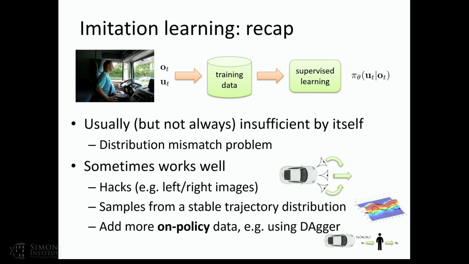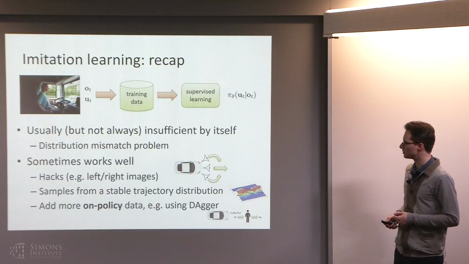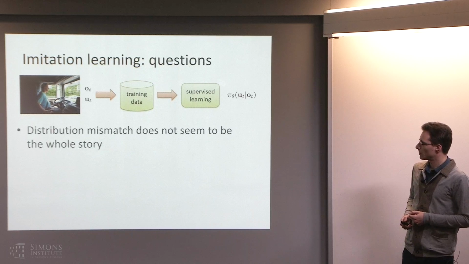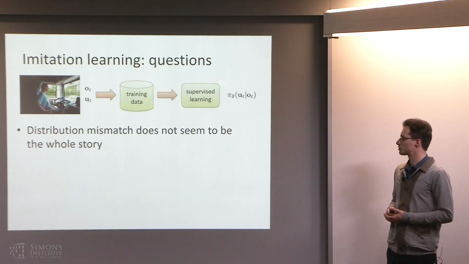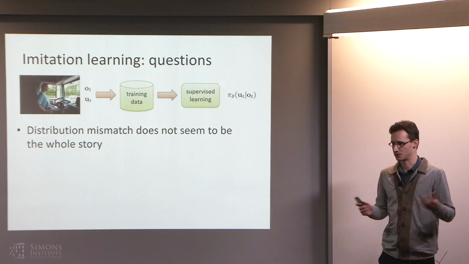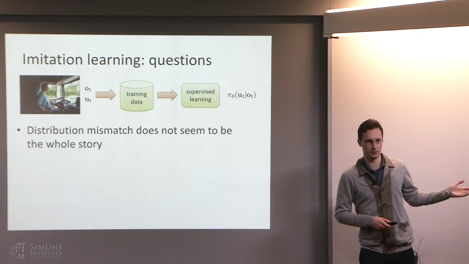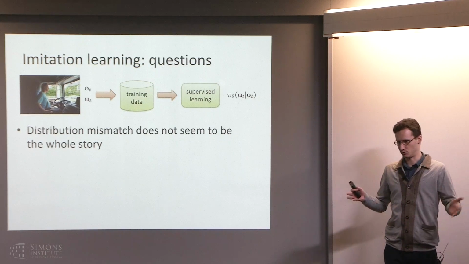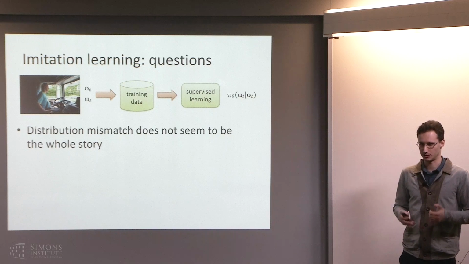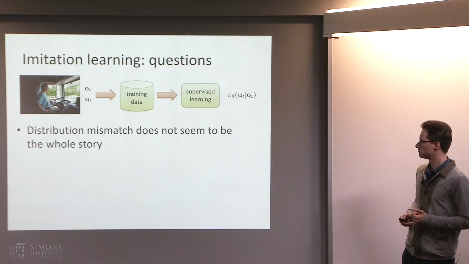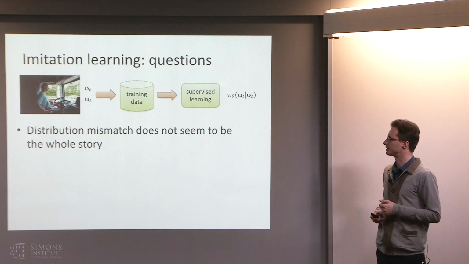There are a few questions that this raises, and this is maybe me posing the question for you guys if you have any thoughts on this. The distribution mismatch doesn't seem to be the whole story, because something like the NVIDIA result seems to suggest that if you just provide some data that gives a notion of stability, that seems to work fine even without using something like DAgger.